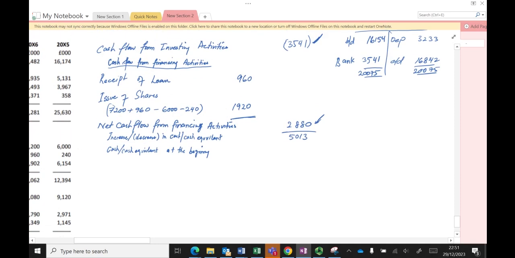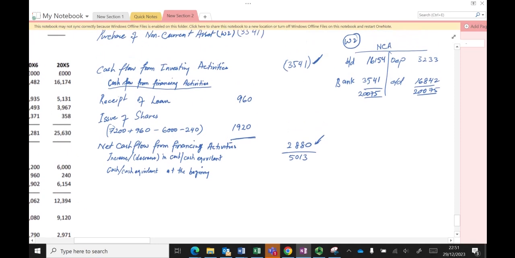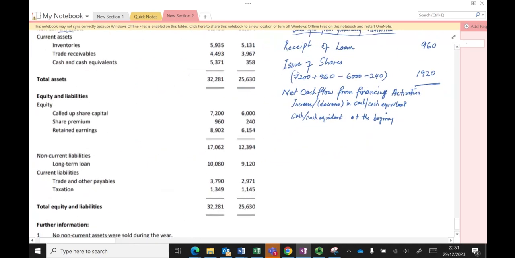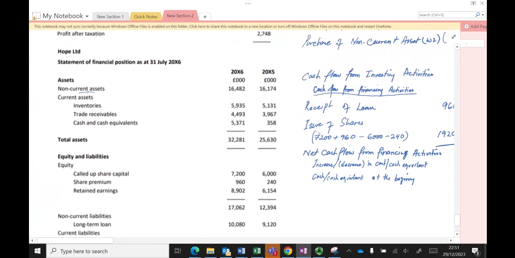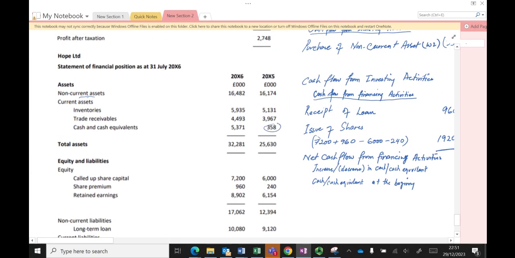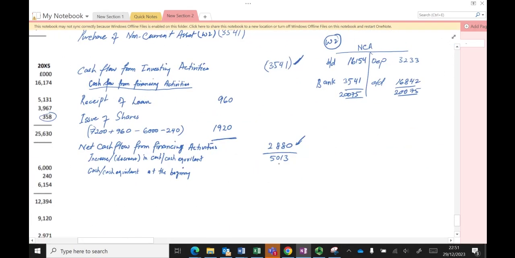Next thing I need to write is what is my cash at the beginning. So you can see in the question, the cash or cash equivalent at the beginning was 358, and if I add these two figures together, that will be 5371.